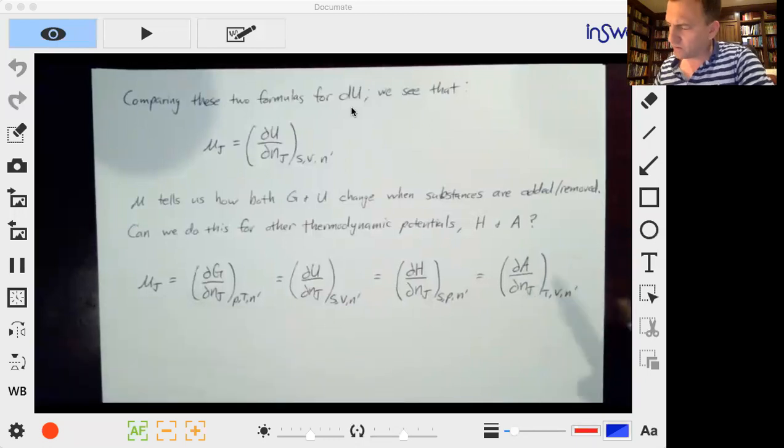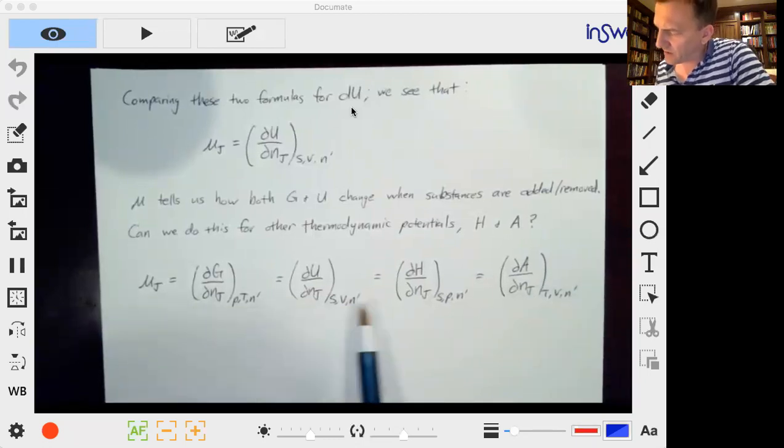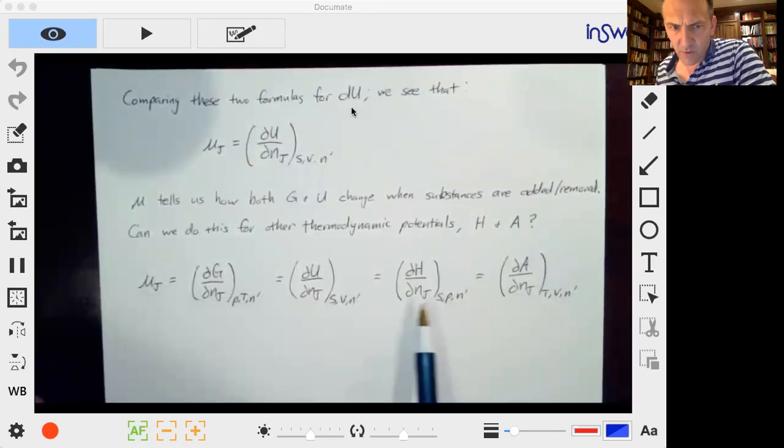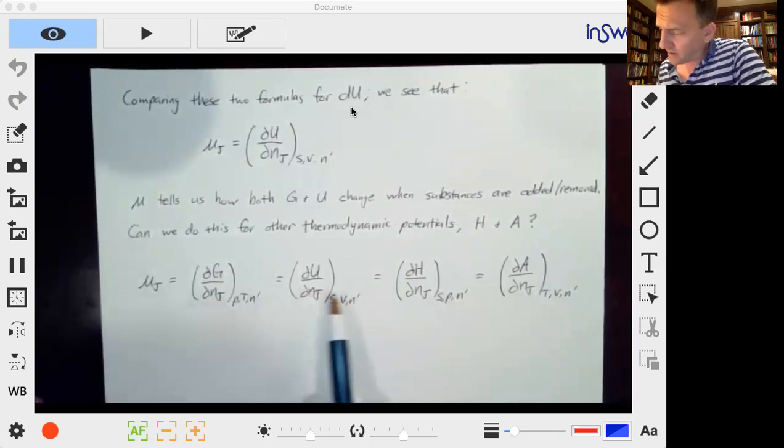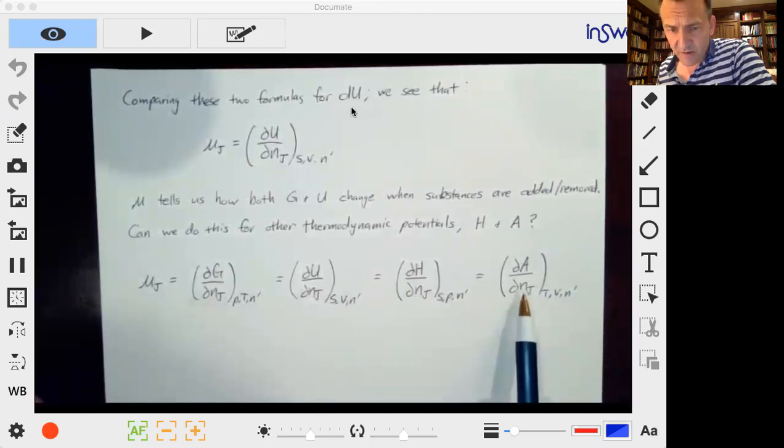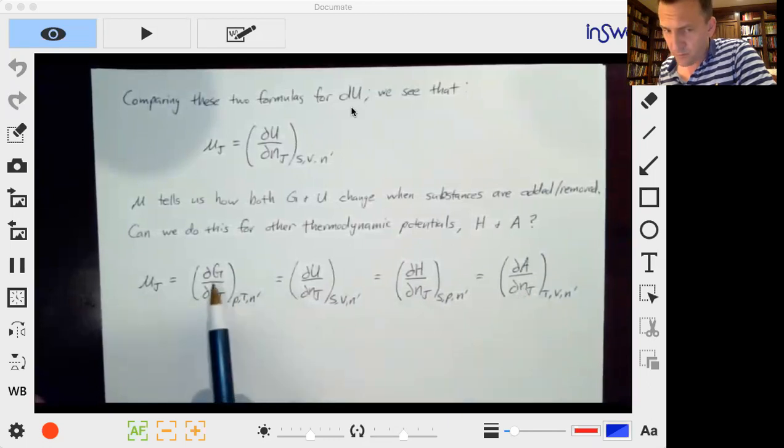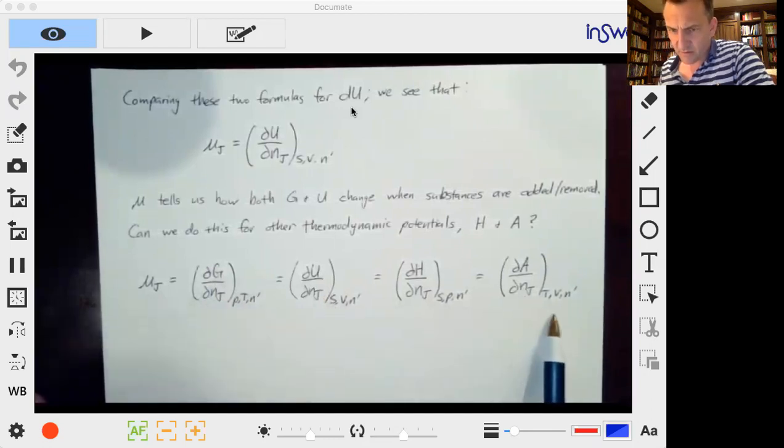Okay, so we get this result. Any one of these can be equated to the chemical potential. So the chemical potential is telling us how each of these thermodynamic potentials is changing as we change the amounts of substances that are present. The difference being, besides the different thermodynamic potentials, is in what variables we're holding constant in each case.